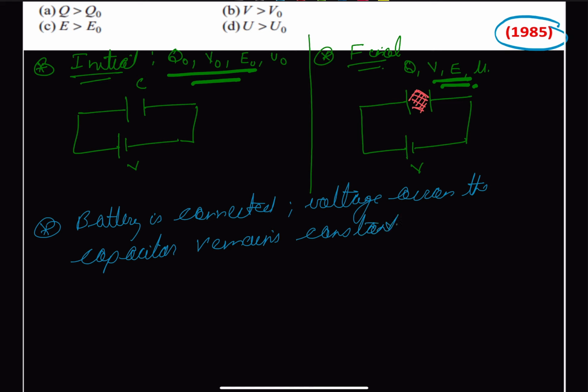Let us assume that the dielectric constant of this dielectric is K. Therefore, the capacitance is going to increase by a factor of K when the dielectric is introduced.